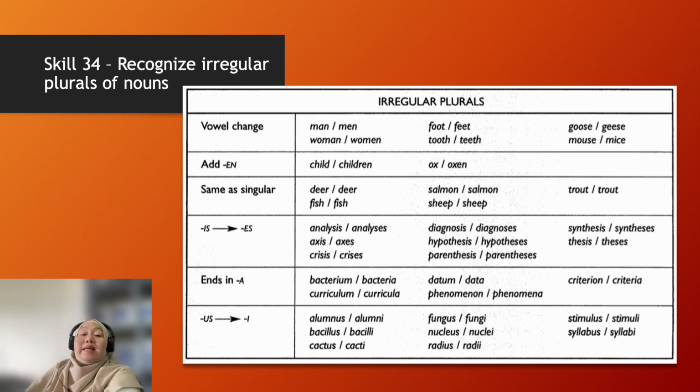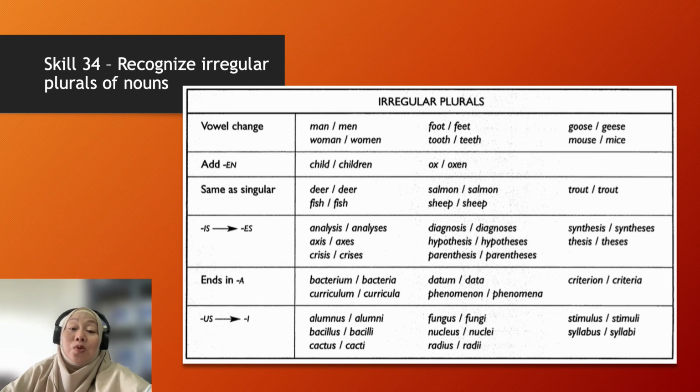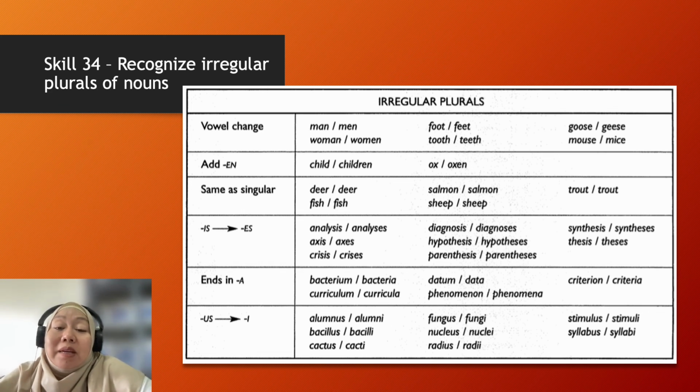Okay, so the change there is a vowel change in the word, so that it becomes plural from singular. Okay, and the second one is we add a suffix "en." For example, child for singular and it becomes children when it's plural, and also ox for singular and it becomes oxen when it's plural.